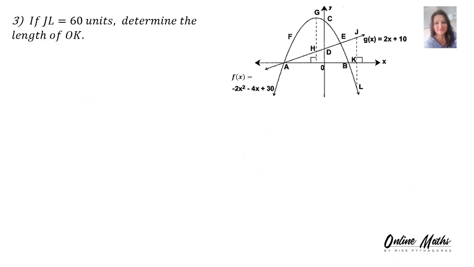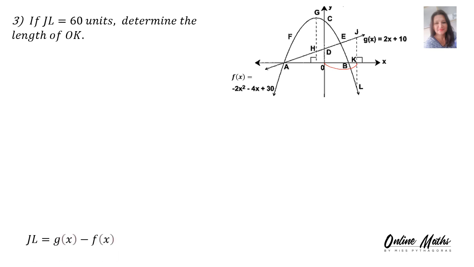Number 3. If JL equals 60 units, determine the length of OK. Now, when we want the length of OK, in fact, we are looking for the x-coordinate there at K. And the fact that they gave us that JL is 60 units, that implies that the difference between the two graphs is 60 units.